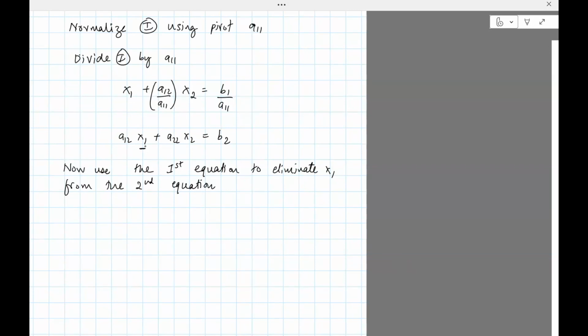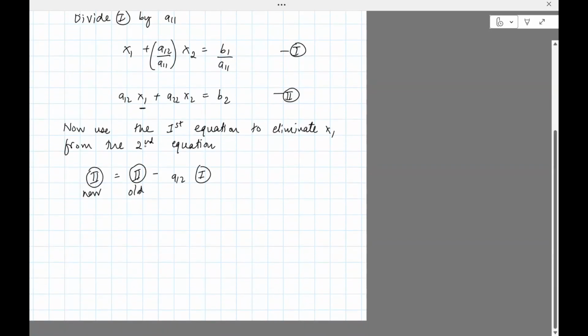So let's just call this 1 again. I've renamed 1. So what I'll do here is my new 2 would be my old 2 minus A21 times 1. This is the old, this is the new. Okay, so I'll keep the first equation as is.